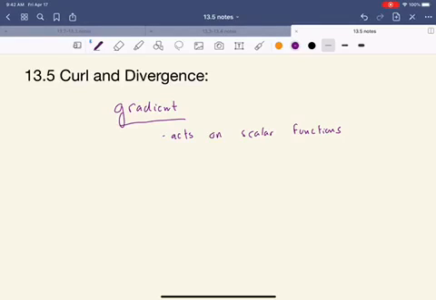So that's like some w equals f of x, y, z. So you get one singular number out. Okay, and it's just the gradient of f equals, and you get out a vector.